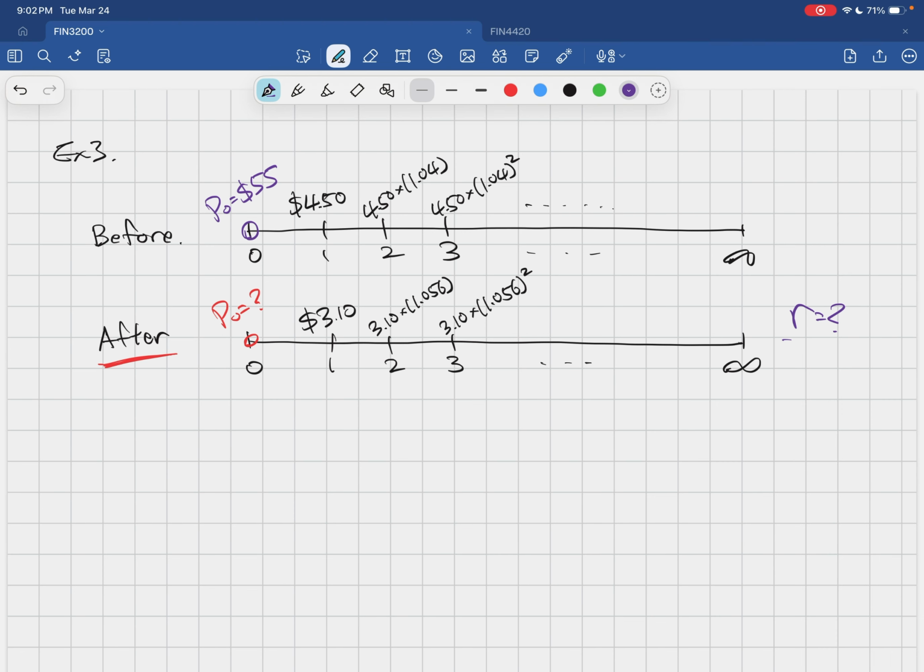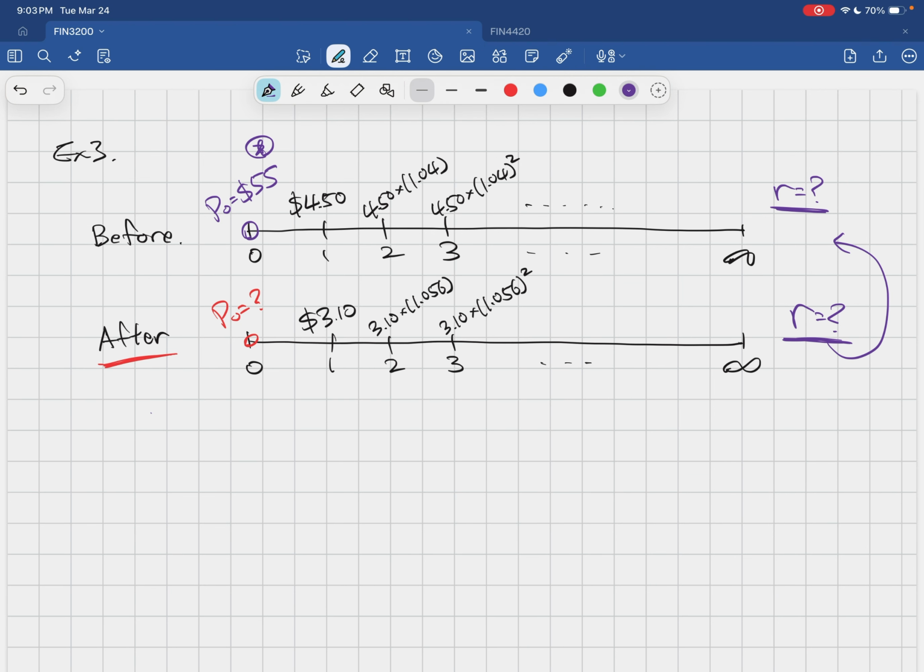It's not given. So we can figure out the R from the previous timeline, the timeline for before the announcement. Here we have the share price, and we have all of the dividend information, 4.5, that grows at 4% per year, goes on forever. So from this, we can figure out the missing piece. So we'll do that first.